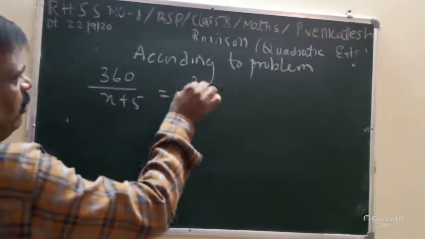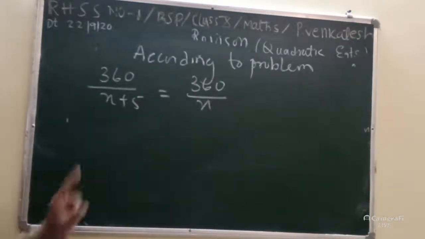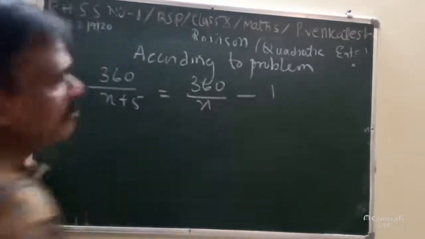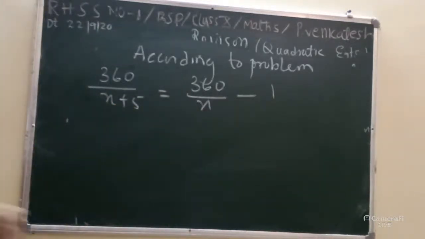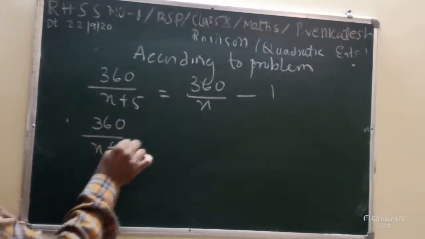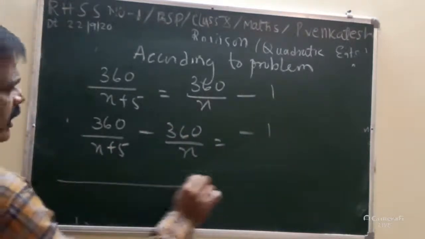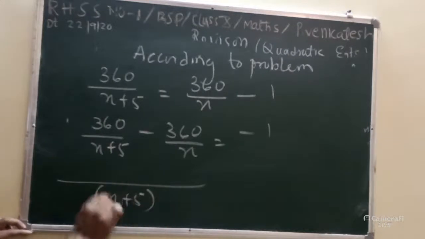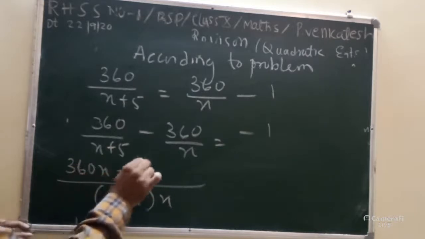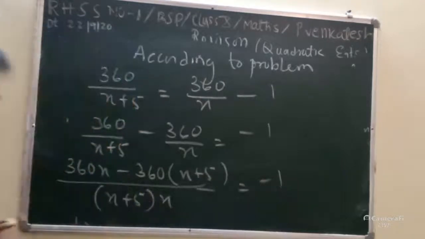The previous time was 360 upon x. When you increase the speed, it takes 1 hour less, meaning minus 1. So 360 upon x plus 5 minus 360 upon x equals minus 1. Now take the LCM, x plus 5 into x: 360x minus 360 into x plus 5 equals minus 1.